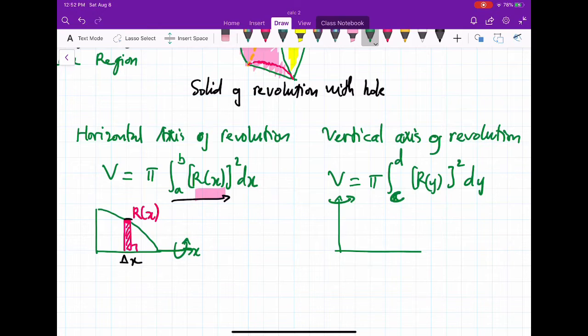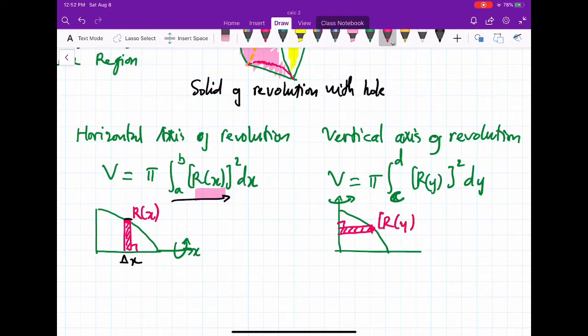You rotate about the y-axis, and since the axis of revolution is vertical, you need to make a cut which is perpendicular to it. And of course that is R(y). You express x as a function of y.